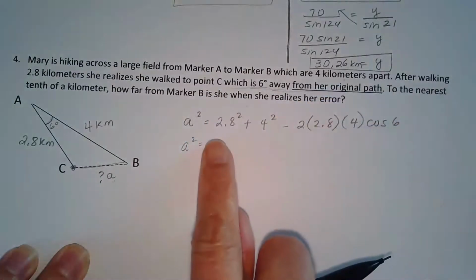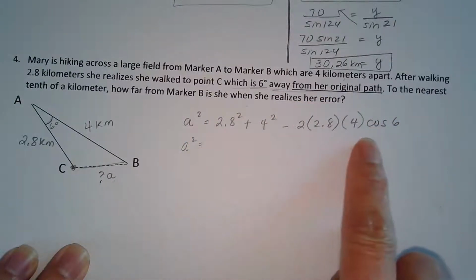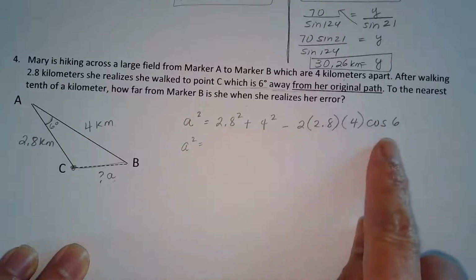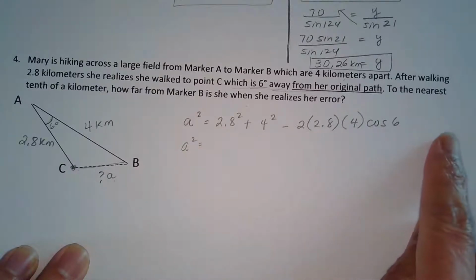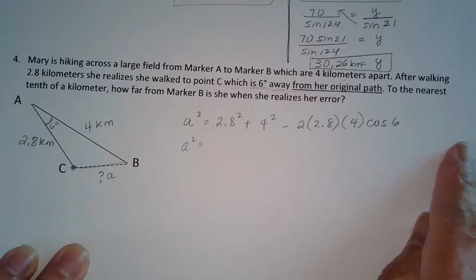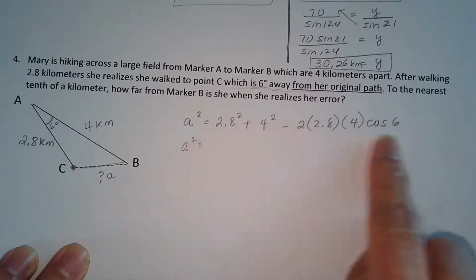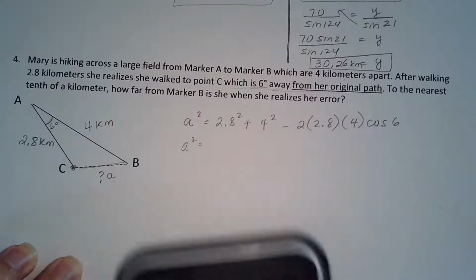Now that one is basically a matter of typing it into our calculator. Make sure we press equals at the end only, not in between. Just type everything in and press equal at the end.